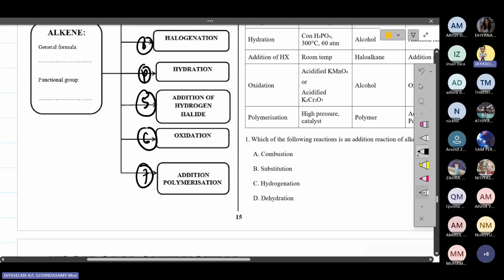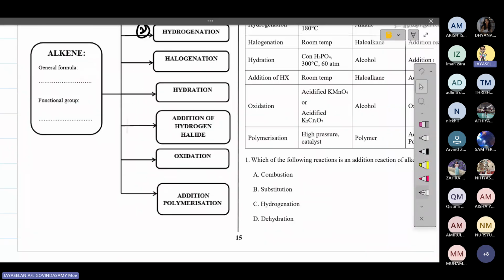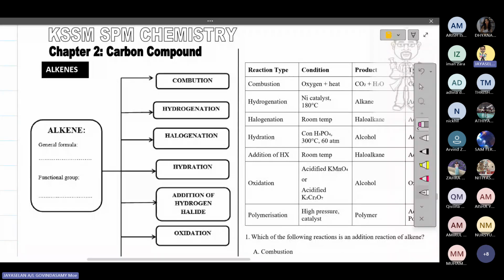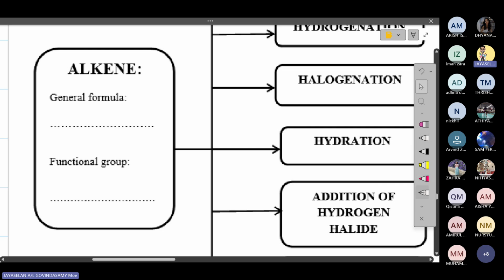Okay, 7 reactions. So alkane 2, alkene 7, alcohol 3, carboxylic acid 3, ester 1. Itulah total 17.